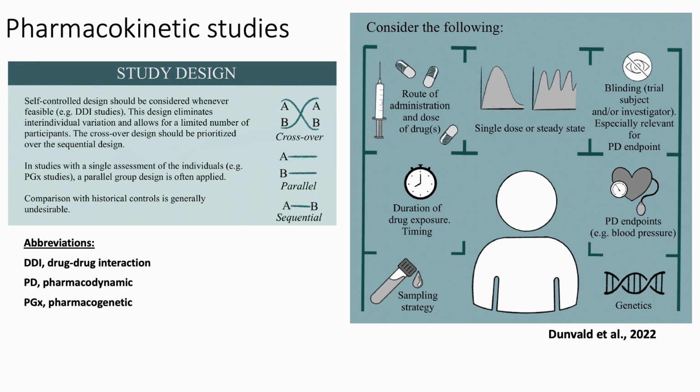We also look into the duration of the drug exposure. As you can see on the top in the middle of the right quadrant here, we have a single dose or steady state. With a single dose, we give a drug and look into the effects. But before the effect ends, we may give another dose, and before the effect of the second dose ends, we give another dose.